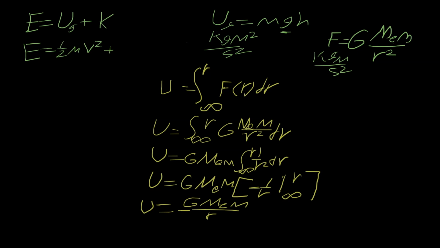Since this is work done by gravity, the potential energy is going to be the negative of work. It also reflects that potential energy increases with the distance between the satellite and the Earth, so the potential energy is not going to be as great, meaning as negative, if the object's super far away.